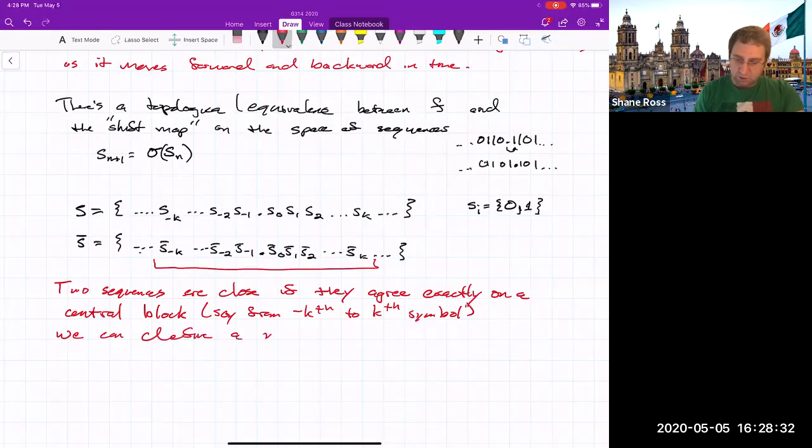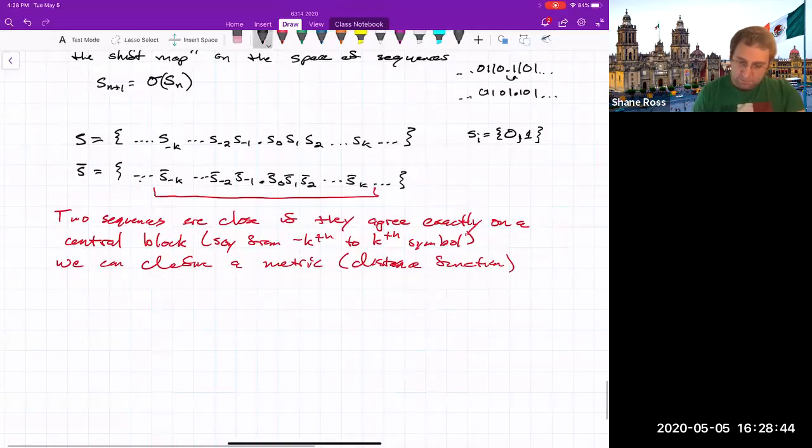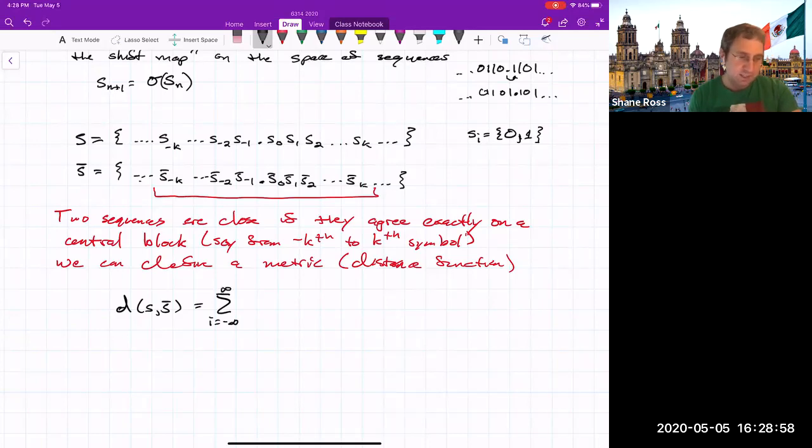And we can define a metric to capture this. Metric just means a distance function between two sequences. So here's D, the distance between a sequence S and the sequence S bar. We can write it this way. We march through the sequence, and this is infinite, so this index i goes from negative infinity to infinity. If the ith values agree, then the absolute value of S_i minus S_i bar will be 0.